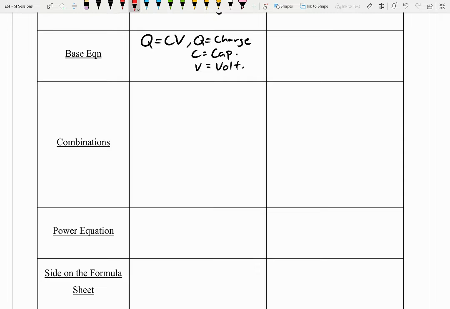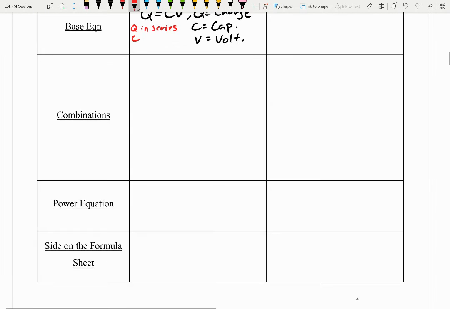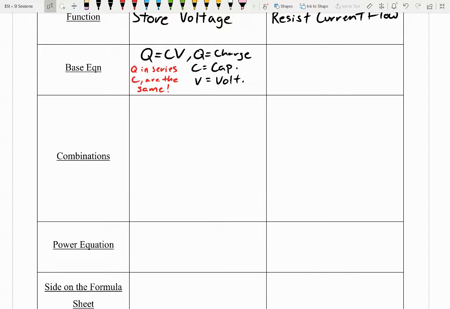An important thing to note here is the charge in series capacitors is the same. So if we have a bunch of capacitors in series, they're all going to have the same amount of charge across them.